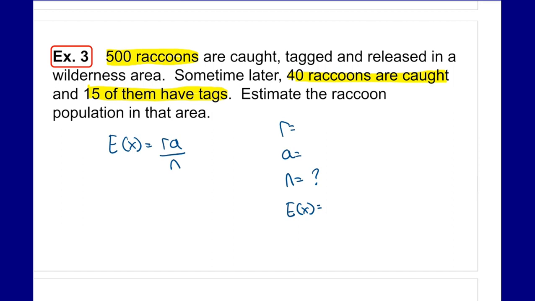R is the number of trials. How many times did I select raccoons? Well, we caught 40 of them, so you could say we had 40 trials. A is the total number of successful outcomes. What's a success in this case? A success would be considered a tagged raccoon.